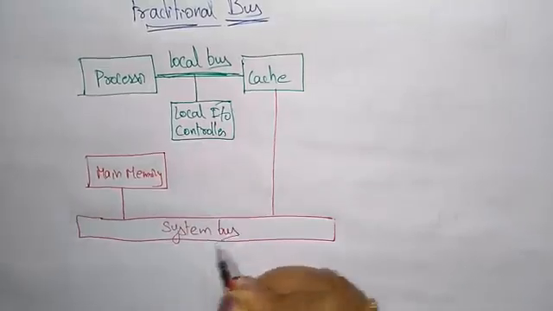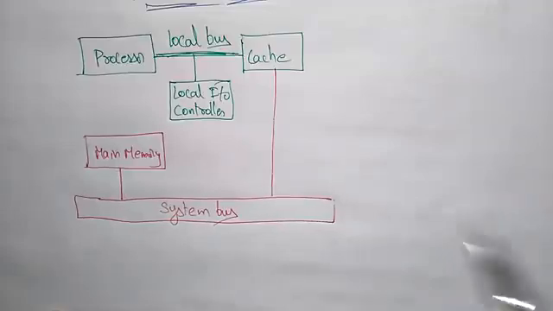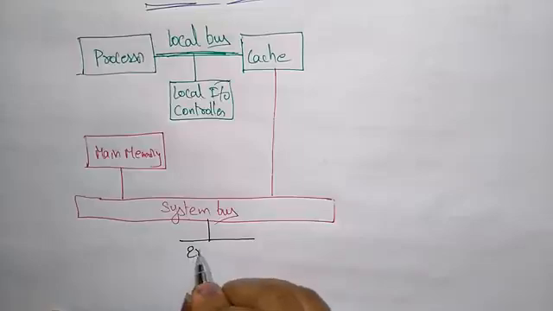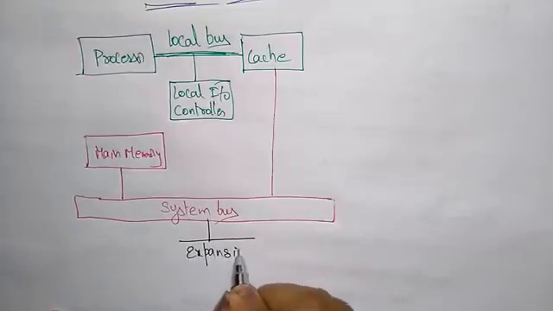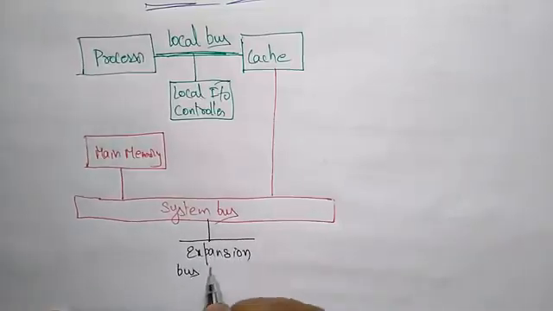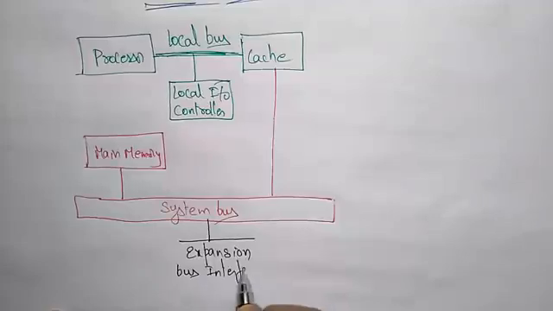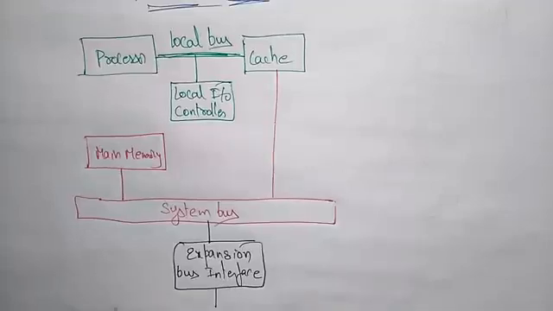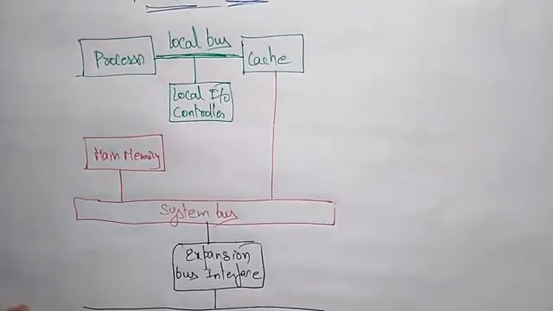Here is the system bus, and the system bus is connected with an expansion bus interface. Here an expansion bus slot will be there.